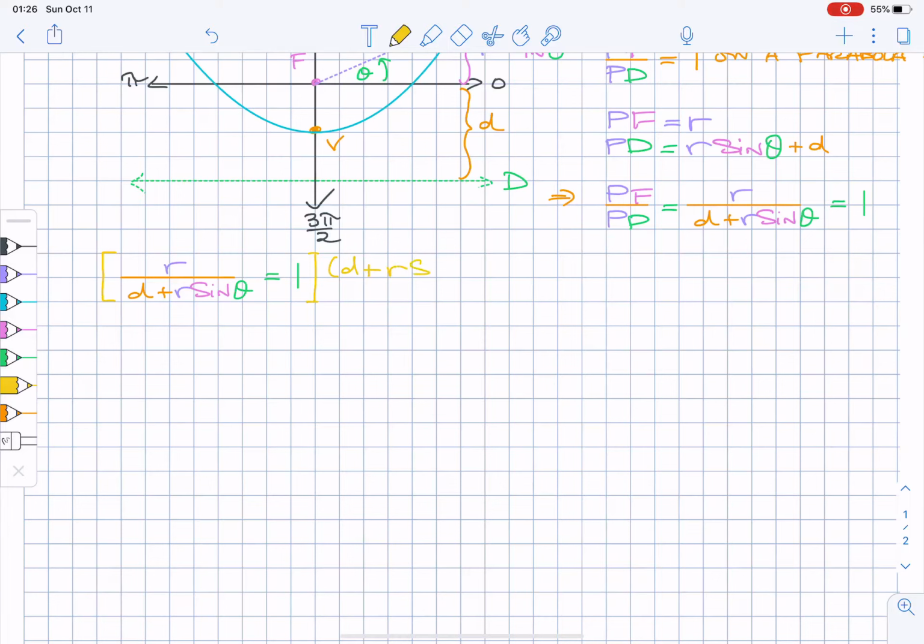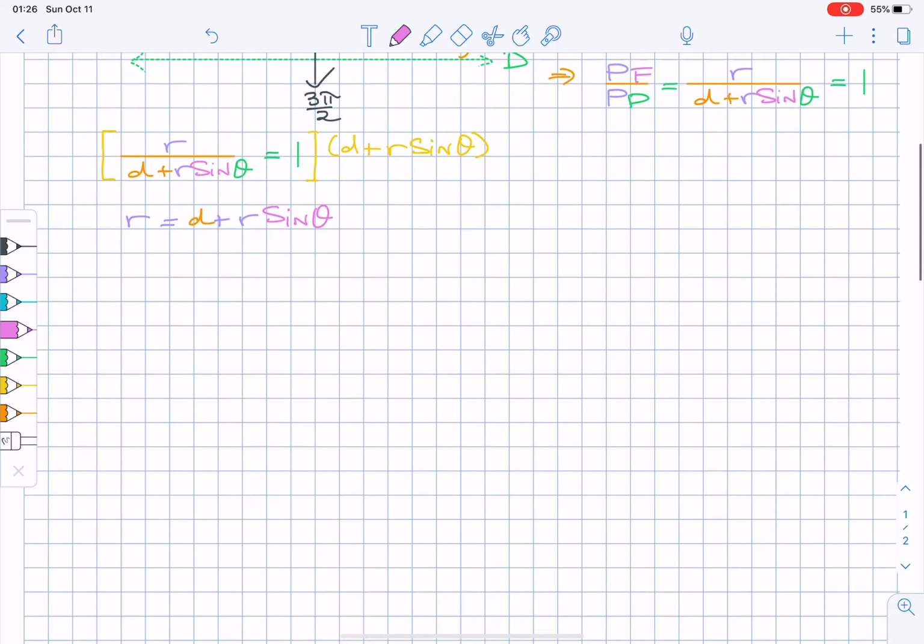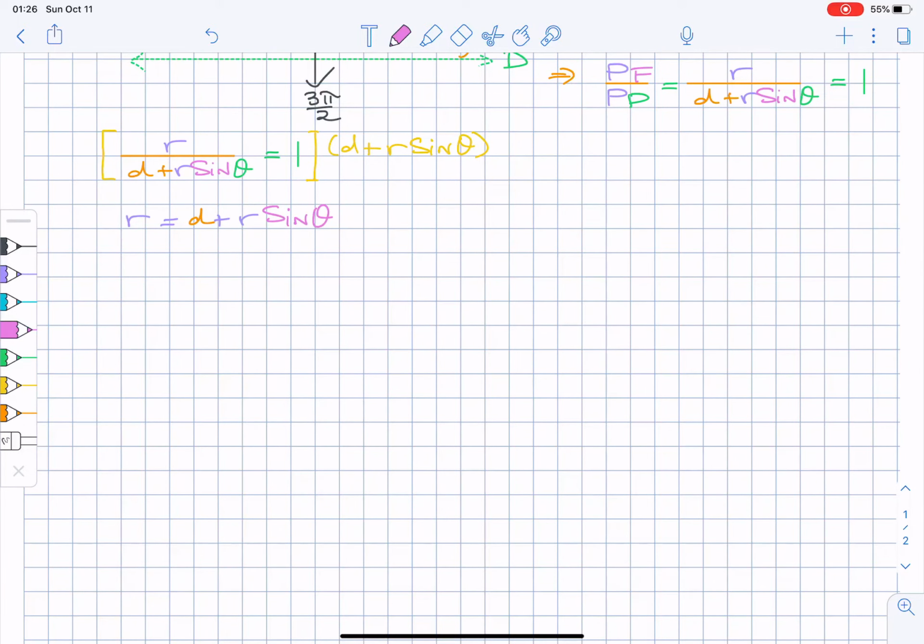So cross multiplying gives me that r is equal to d plus r sine theta. So now I'll subtract r sine theta from both sides. So I'll get r minus r sine theta is equal to d.